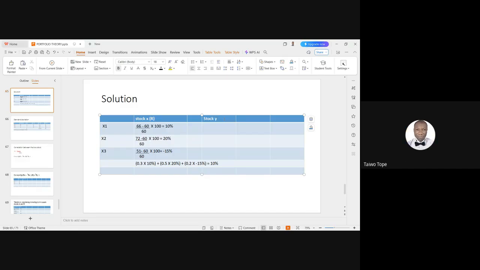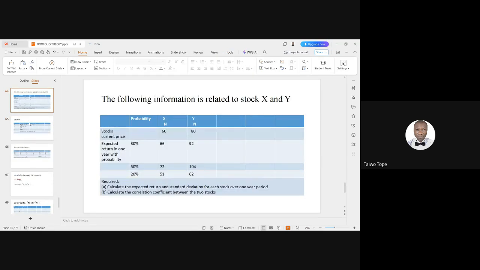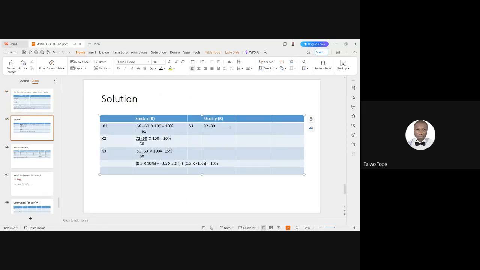Return for stock Y. When it is Y1, what will be the change? 92 minus 80. When you go to the question, you have the question. Let's go and see it. 92 minus 80 divided by 80.